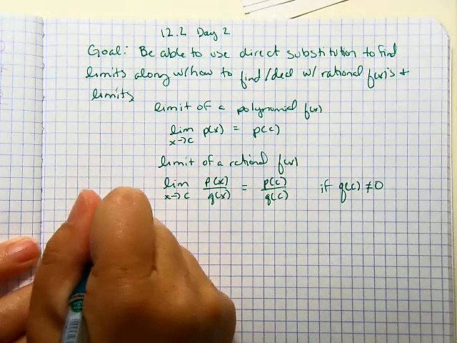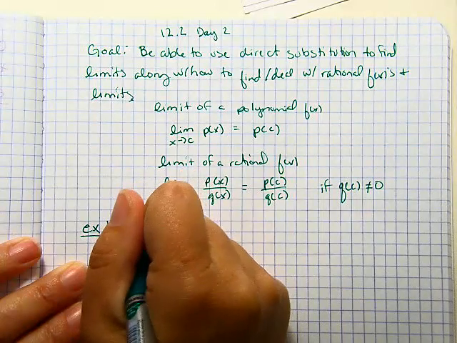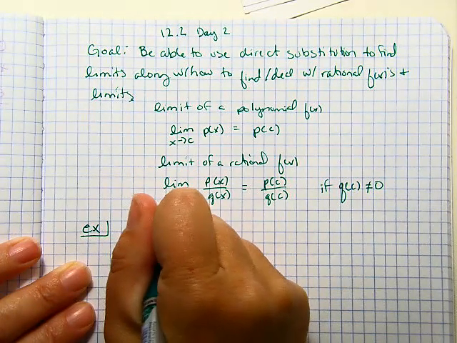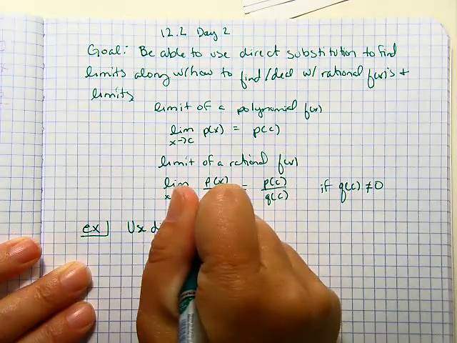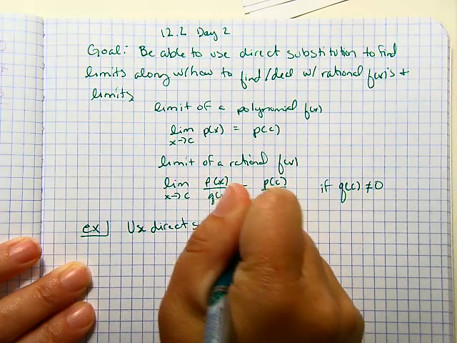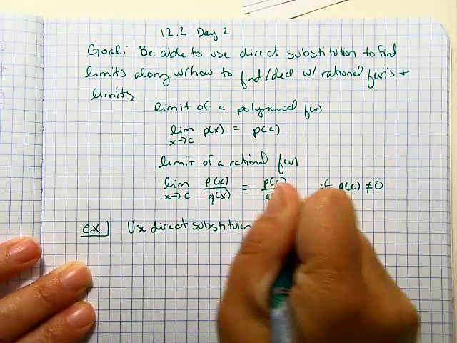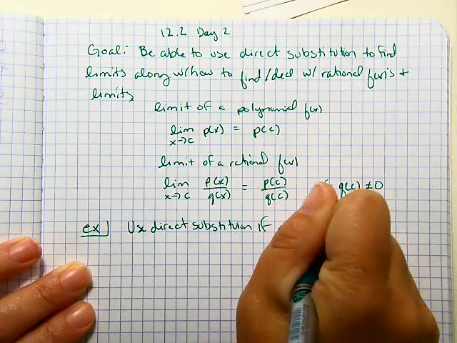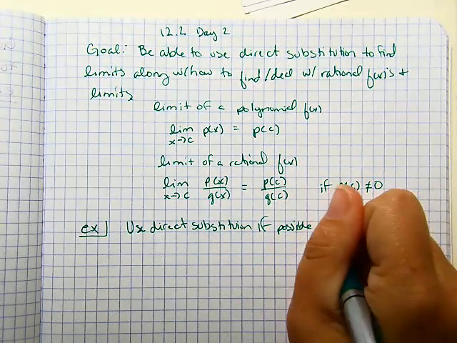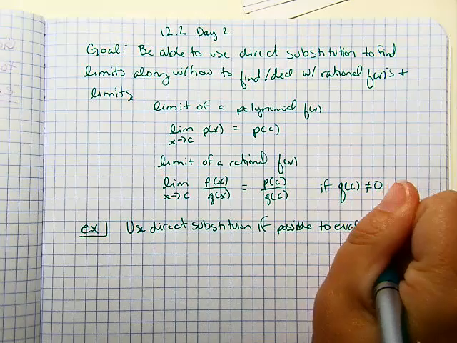Okay, so example: use direct substitution if possible to evaluate, and if it's not possible, explain why.